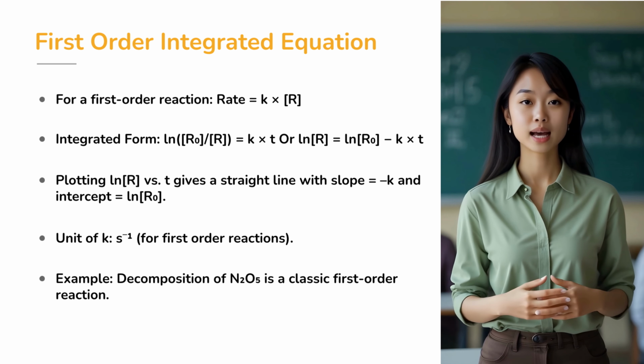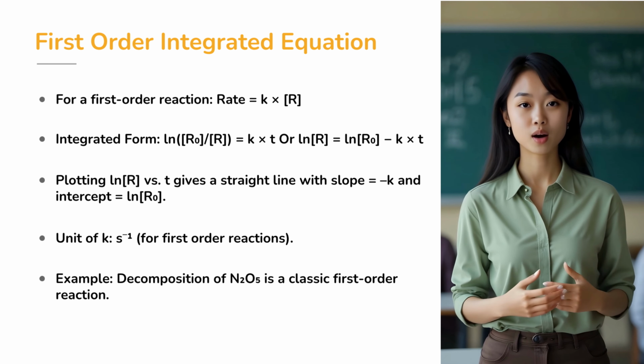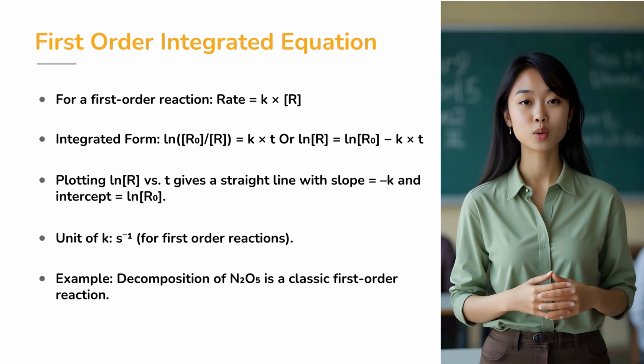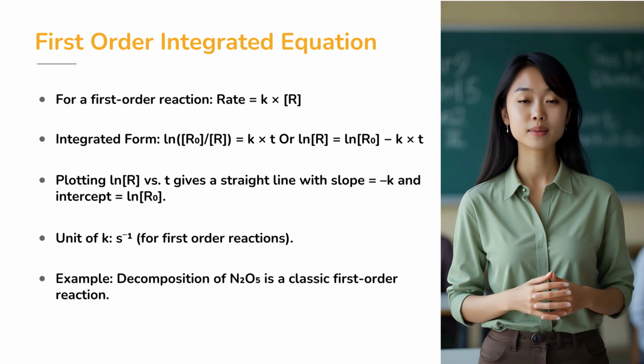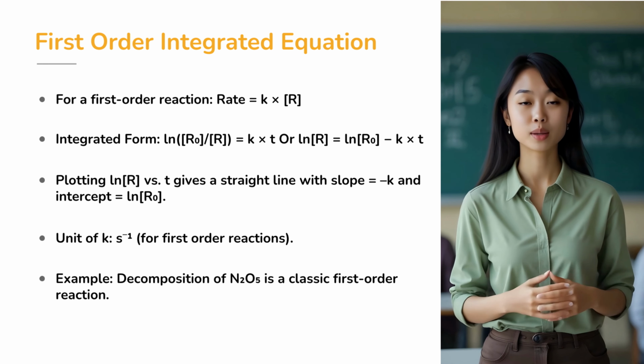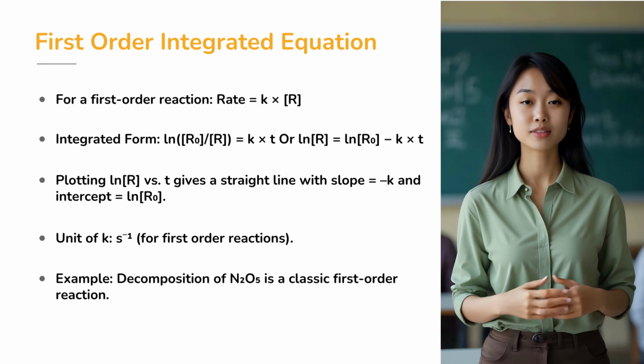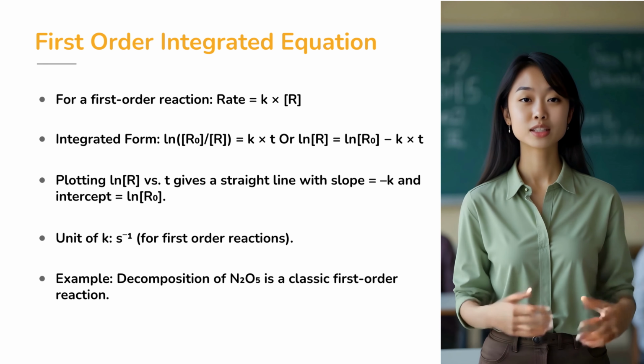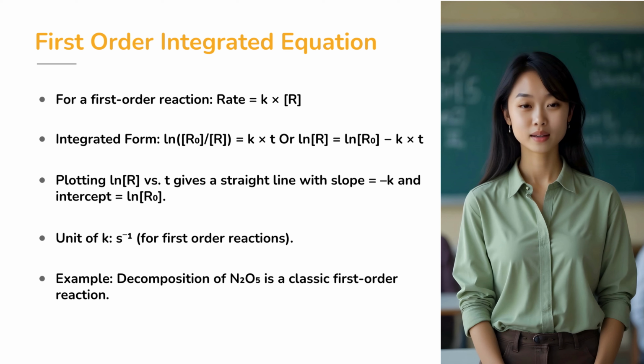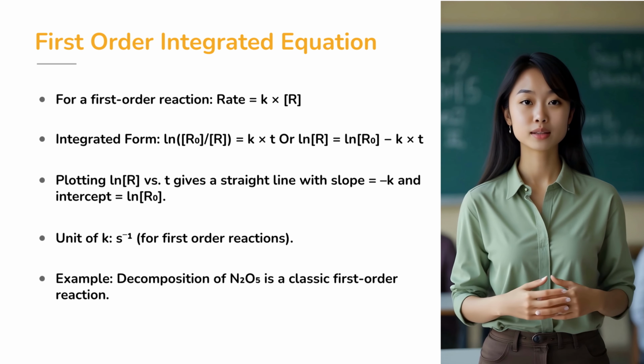Alternatively, we can write it as ln[R] equals ln[R]0 minus k times t. This gives us a straight line graph when we plot natural log of [R] versus time, with the slope being negative k. The decomposition of dinitrogen pentoxide, that's N2O5, is a classic first-order reaction.